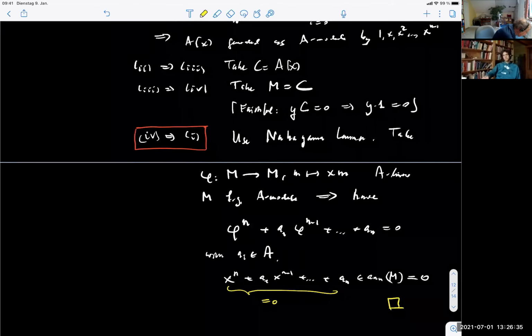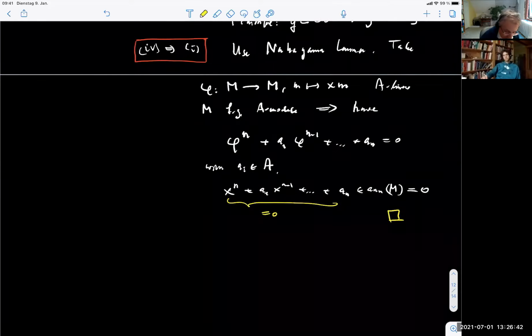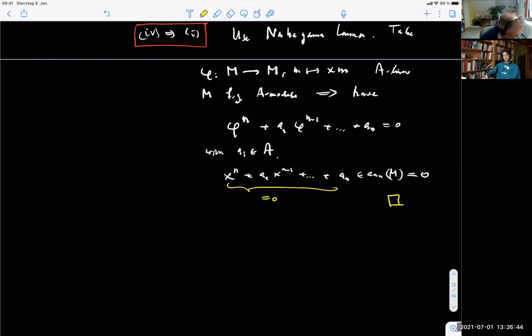Okay, right. Before I continue, there is a little lemma that I skipped, so let me do it here. In Atiyah-Macdonald, it has a numbering, so let's use this numbering. It's Proposition 2.16. It's rather a lemma. So I have a ring extension.